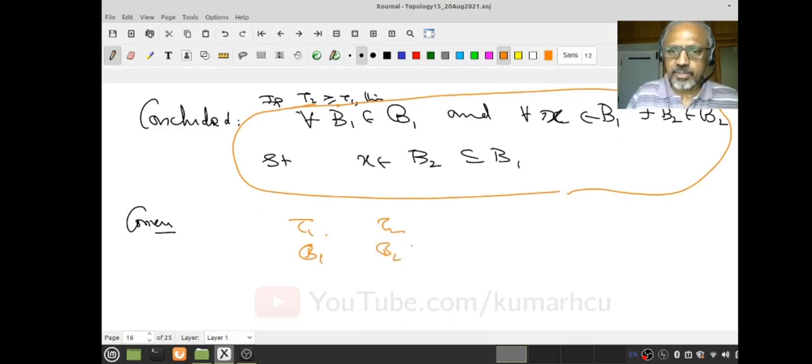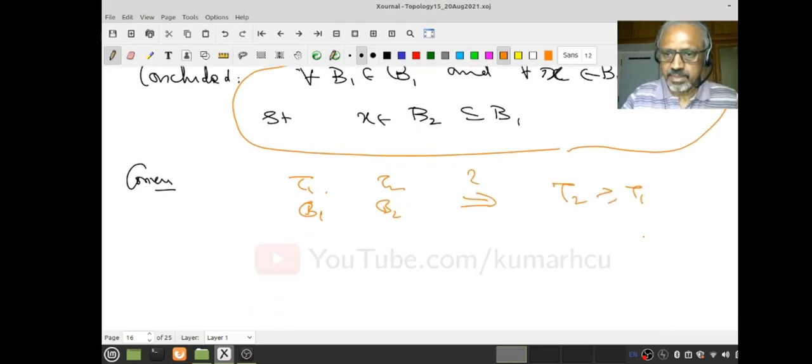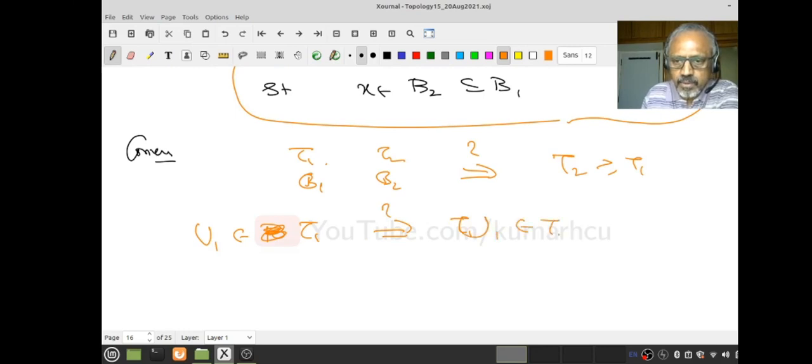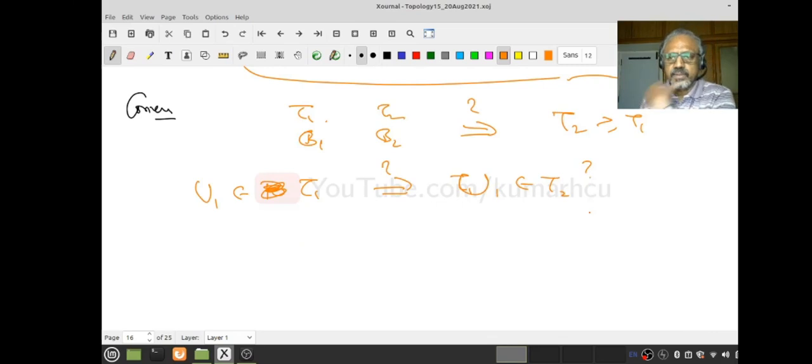Then what do I want to conclude? I want to conclude whether tau 2 is finer than tau 1. Is that clear? To do that, what should I do? Start with any U1 in tau 1. I want to know whether U1 is in tau 2.